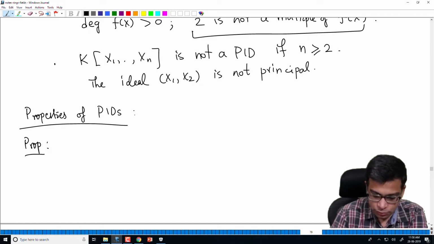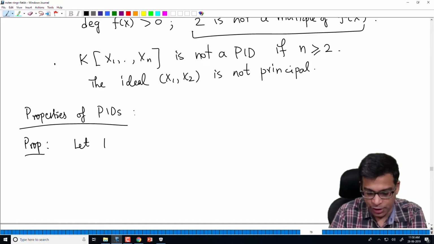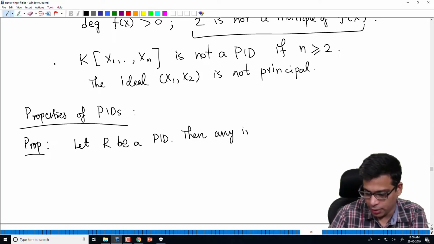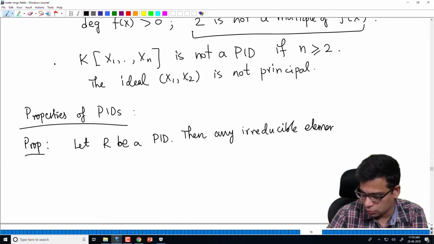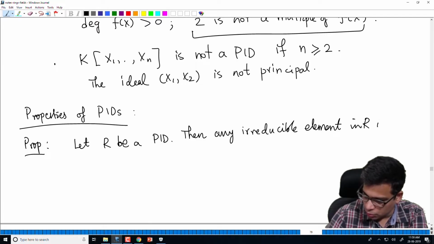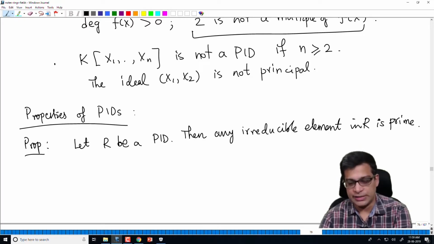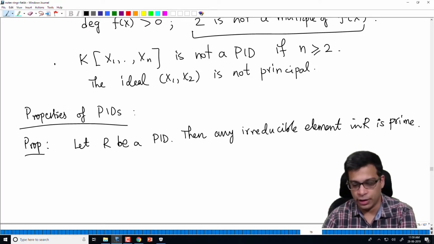Proposition: let R be a PID, then any irreducible element in R is prime.